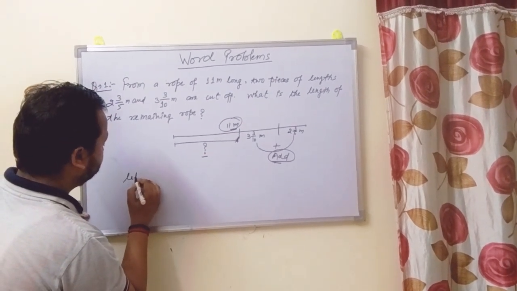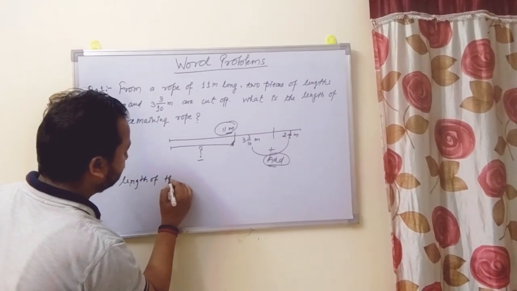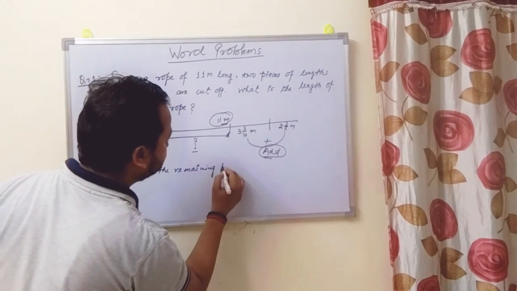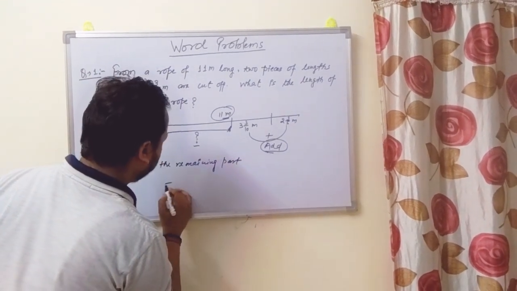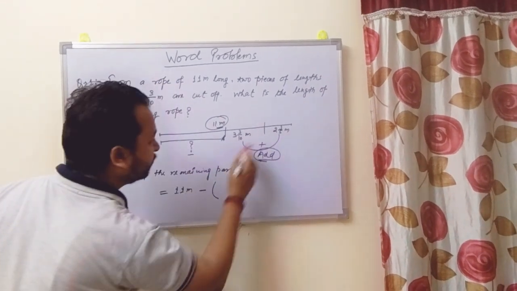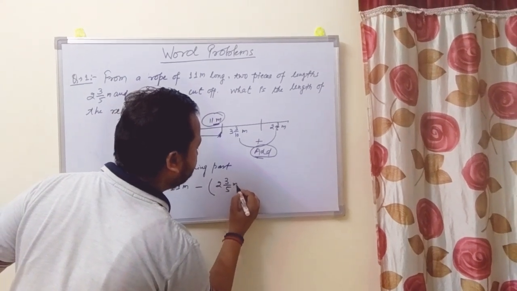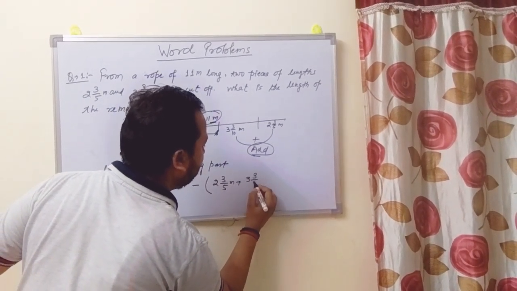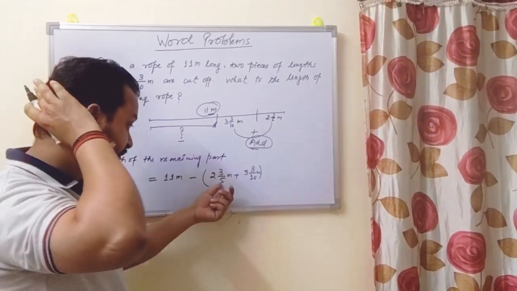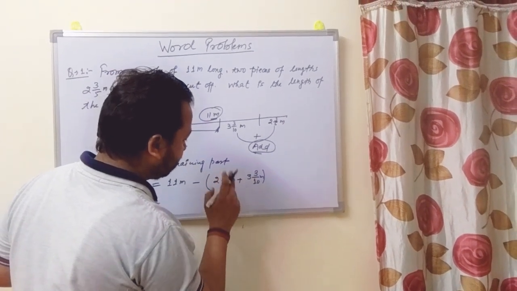Length of the remaining part equals 11 meter minus 2 whole 3 by 5 meter plus 3 whole 3 by 10 meter. So convert it into improper fraction. This is a mixed fraction. 5 2s are 10 plus 3, 13.